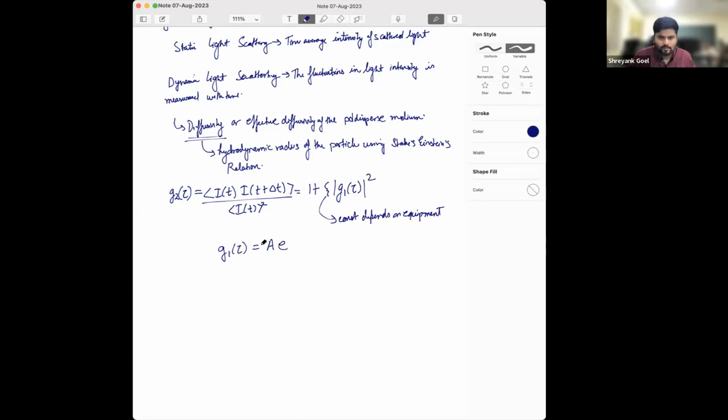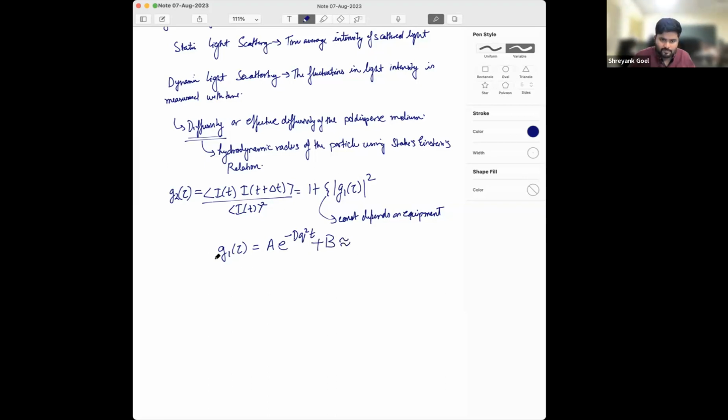So we have an intensity of light correlated with this function as e to the power minus D q squared tau. That is for the monodisperse particle.